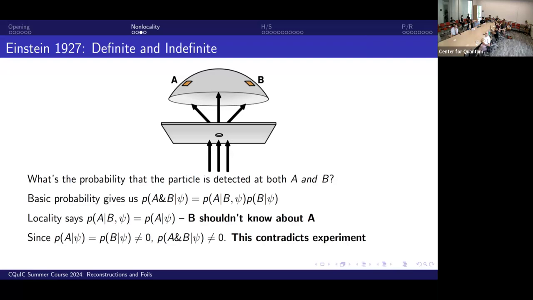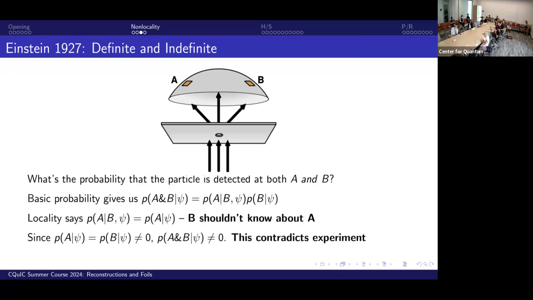Yes? I don't really follow the argument. A shouldn't know about B, but there's only one particle, so shouldn't the probability of A given that the one particle is at B be zero? Well, again, if it's local, the detector at A shouldn't know what's happening, so it should not depend on whether or not B has detected.